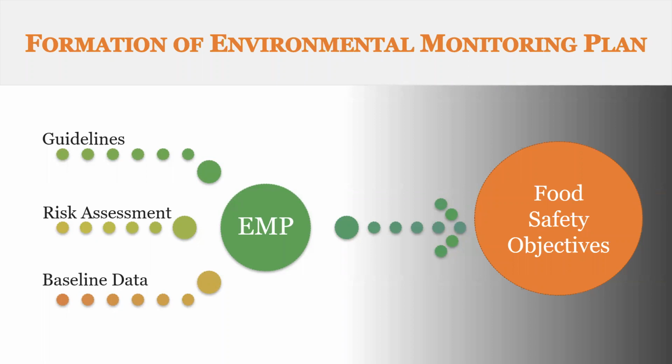Secondly, perform a risk assessment to understand the risk of contamination that is specific to your ingredients, your process, your product, and your environment. This requires intimate understanding and knowledge of your business that no one else has, and probably no one else cares about it as much as you do.